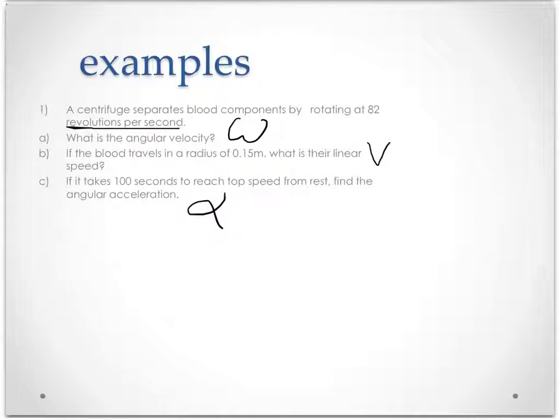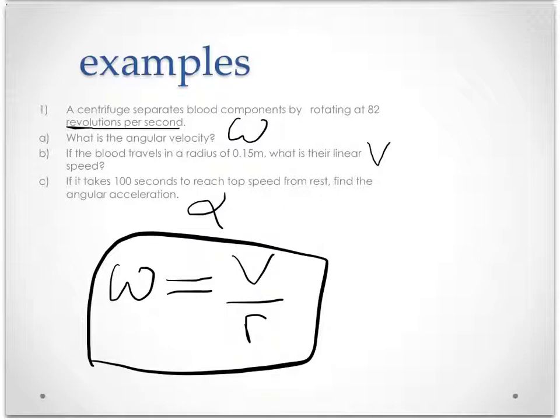And then the clue for B, to find the linear speed, you need to use a simpler equation that you've possibly come across already, involving the linear speed V and omega. Now I haven't given that in this, so I'll give it to you now. Basically omega equals the linear speed V divided by the radius r. So that one there will be used to solve for B.